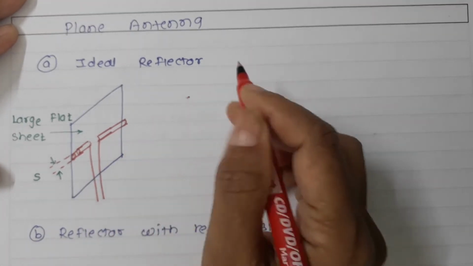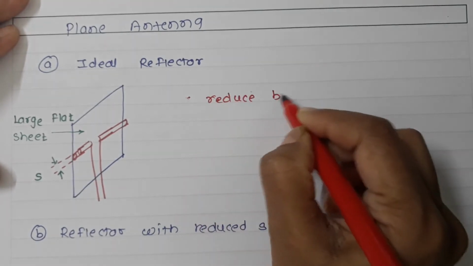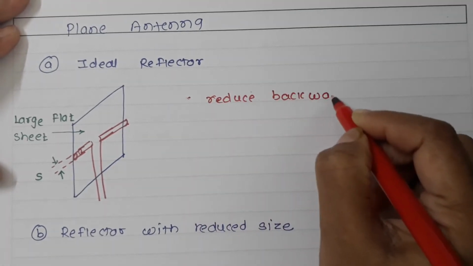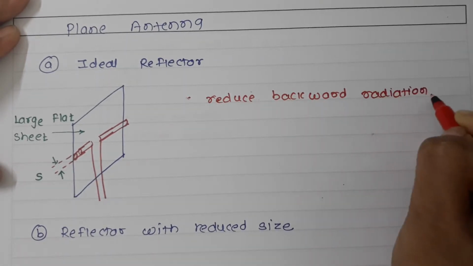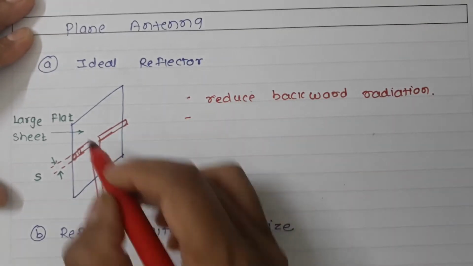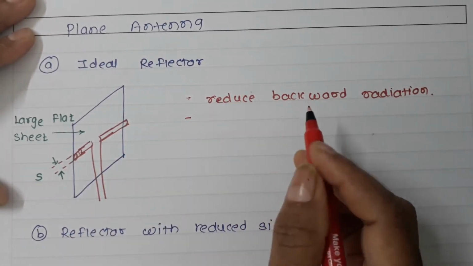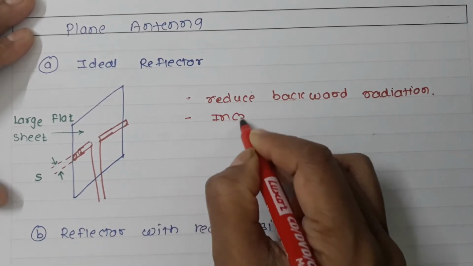Now here this particular sheet will reduce the backward radiation. With a very small spacing between the antenna and the sheet, the arrangement also results in increased gain.